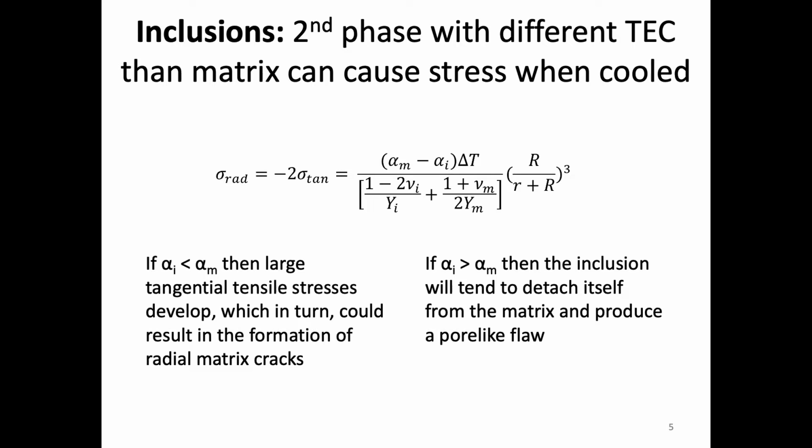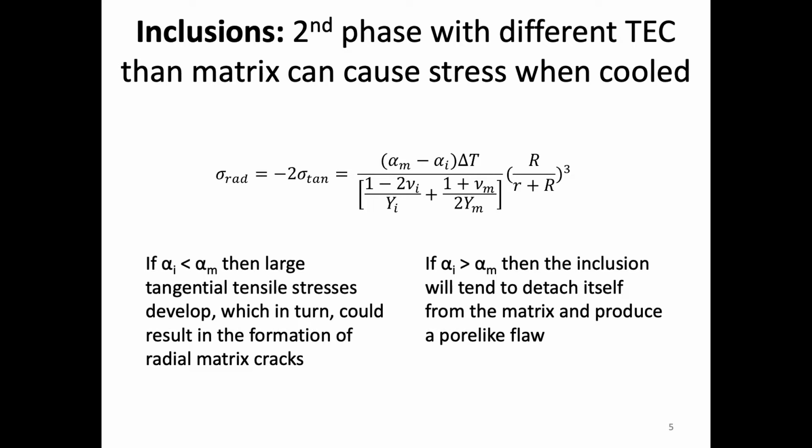And so what that causes is radial cracks in the matrix material. So that's obviously not great. If the inclusion's thermal expansion coefficient is larger than the matrix, then this inclusion can actually detach from the material and produce, again, more like a pore. So either way, it's not great.